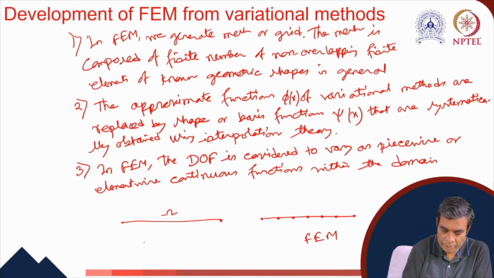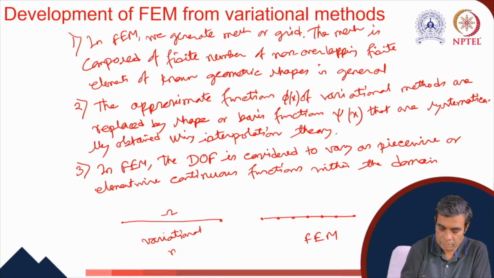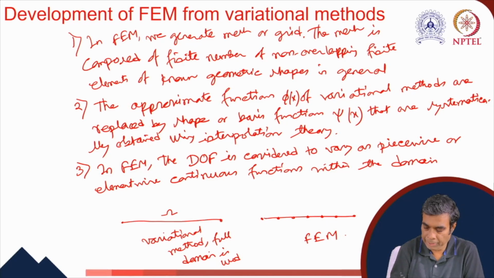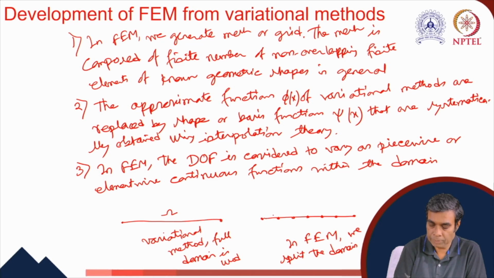The left hand side, we are showing the case of variational method where we use the full domain. In FEM, we split the domain. The domain is composed of finite number of subdomains that we denote as finite elements.